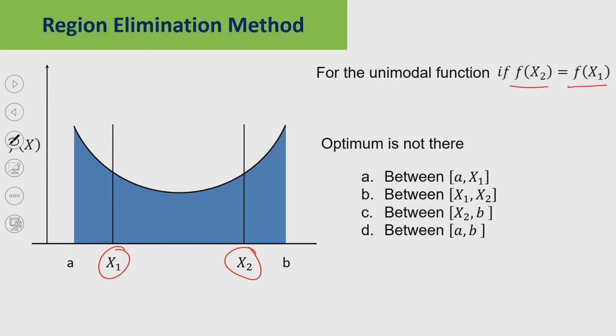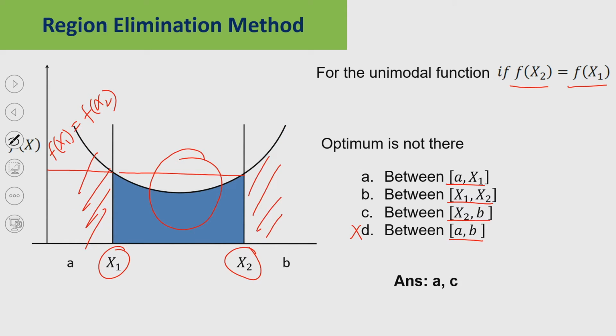Optima is not there between a and x1, between x1 and x2, between x2 and b, or between a and b. Because f(x1) is equal to f(x2), optima is not there in this region and optima is not there in this region. Optima is somewhere here. So, the correct answer is a and c.